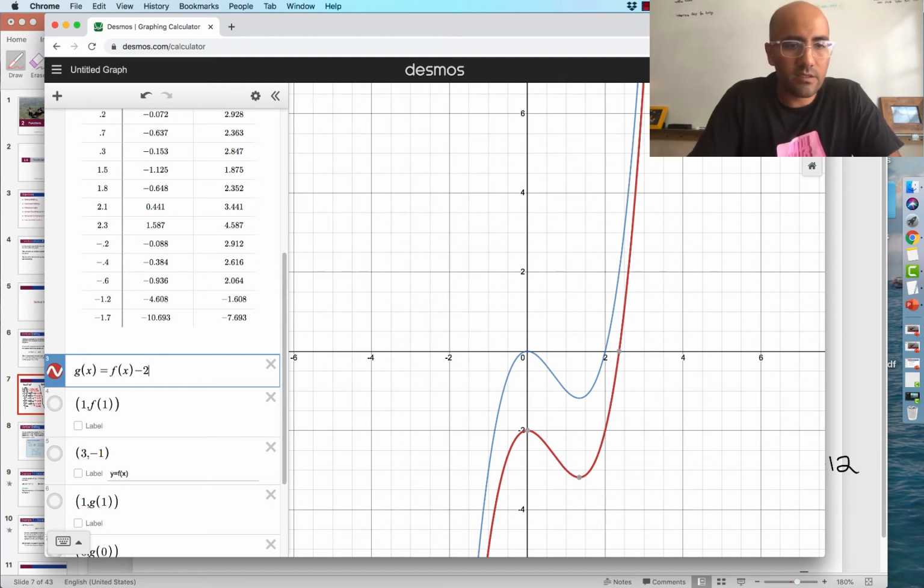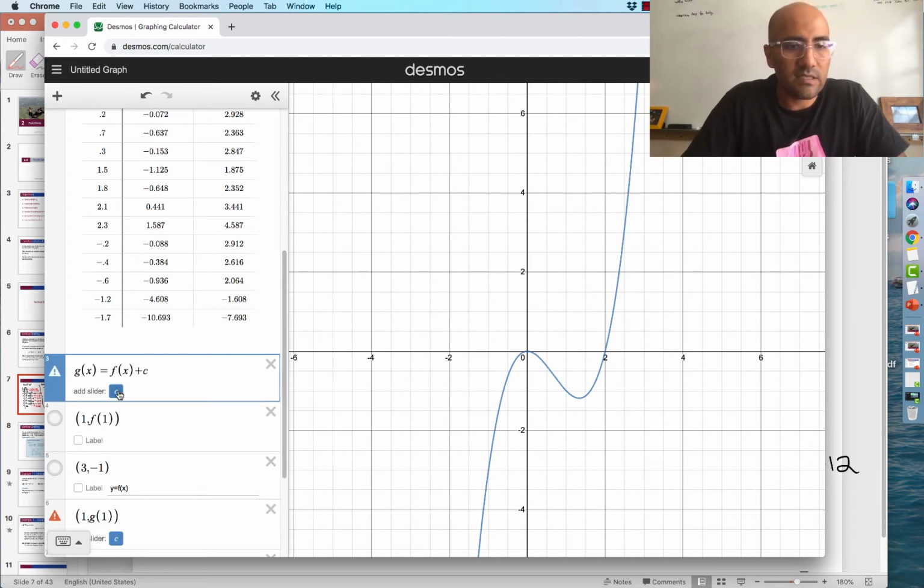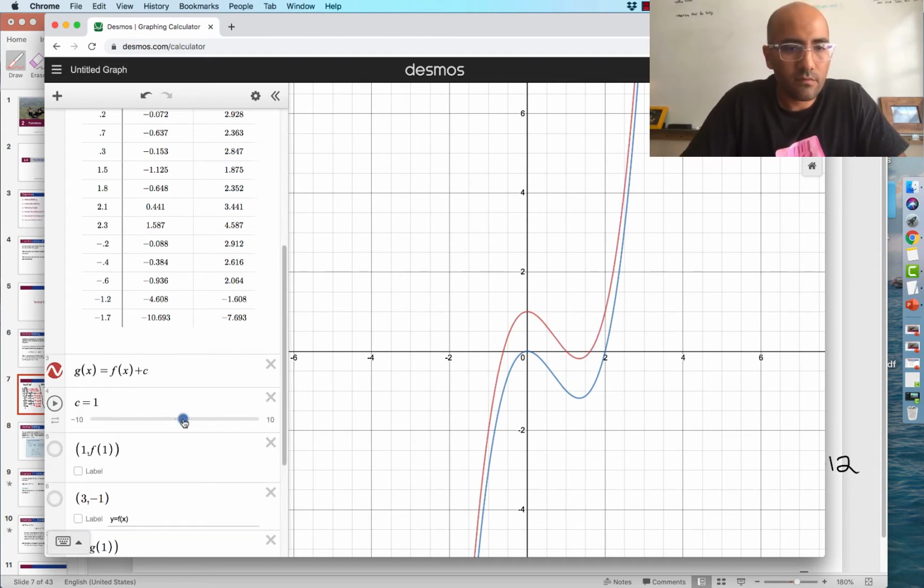Good. Okay, so let's create it as a slider. We could say that it is +c, where c is a slider. Let's leave it at 0 to begin with.